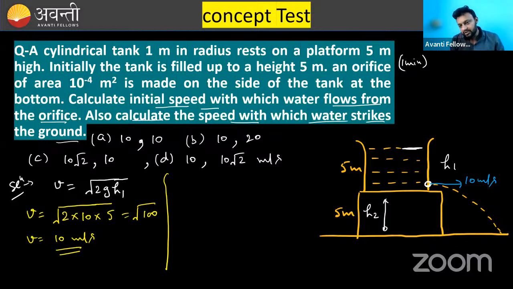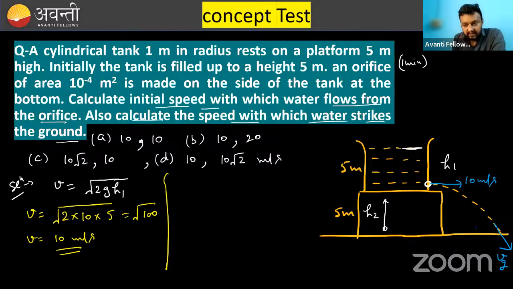And this velocity is in the horizontal direction. And this liquid is going down, down, down, and you were asked about this velocity. Let this velocity reaching the ground be Vg. I have assumed it as Vg. Clear?